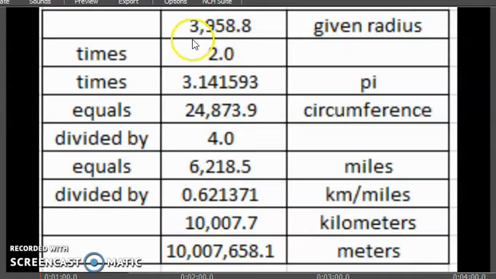But if one were to use 3,958.8 miles, then multiply by 2 pi to get the circumference, and then divide by 4, you get the distance from the North Pole to the equator of 6,218.5 miles.